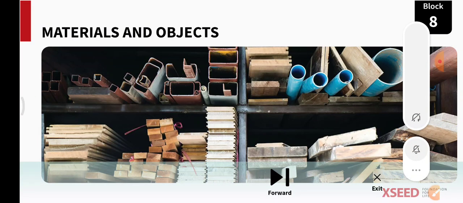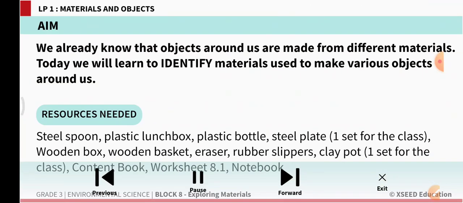So let's move ahead. We already know that objects around us are made from different materials. Today, we will learn to identify materials used to make various objects around us. Dear students, if you look around yourself, you can see there are many objects.